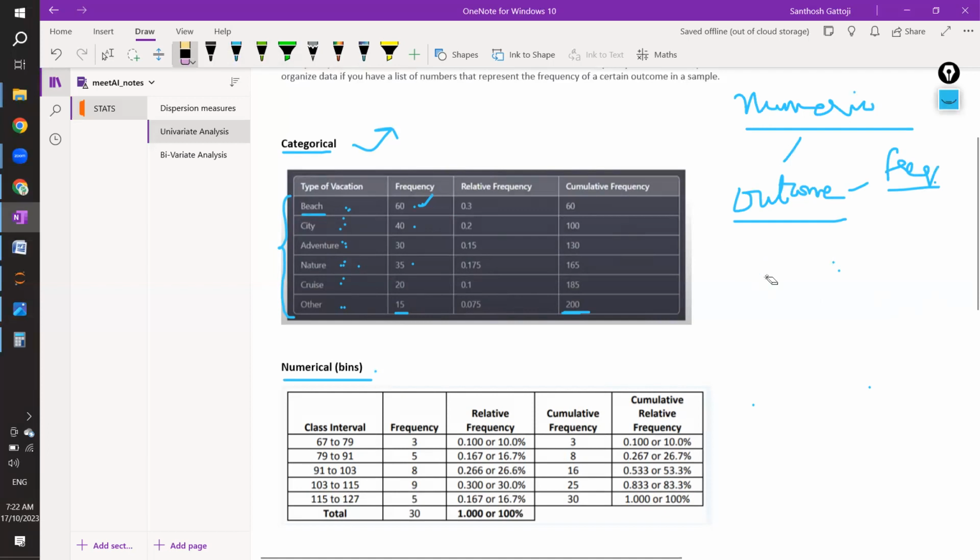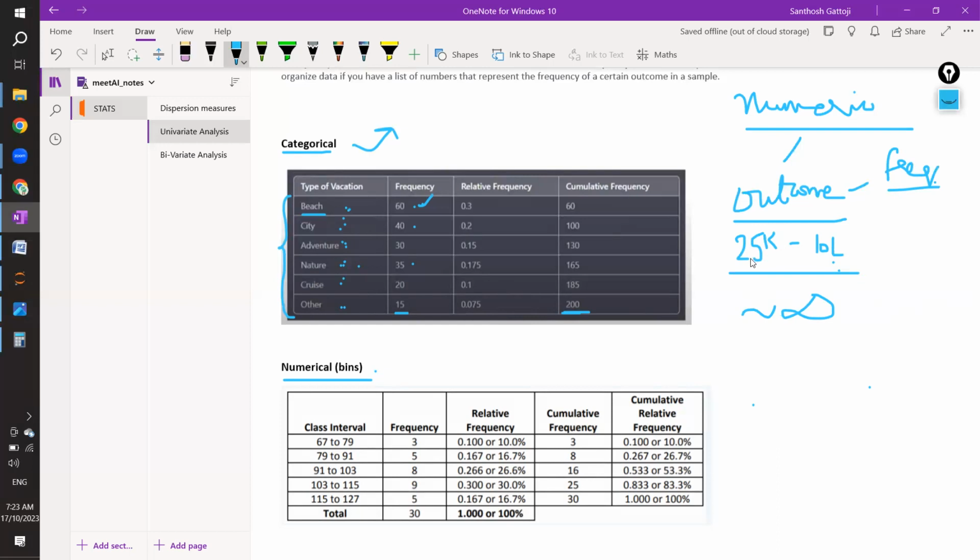Possible outcomes are infinity, almost infinity, you can say. Possible outcomes are infinite because the range is from 25,000 to 10 lakhs; it could be anything, close to infinity. So obviously you cannot calculate the frequency of each value.